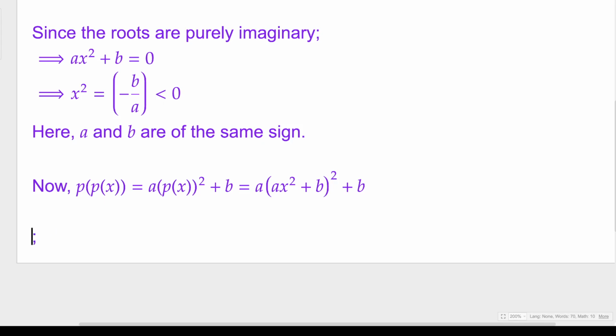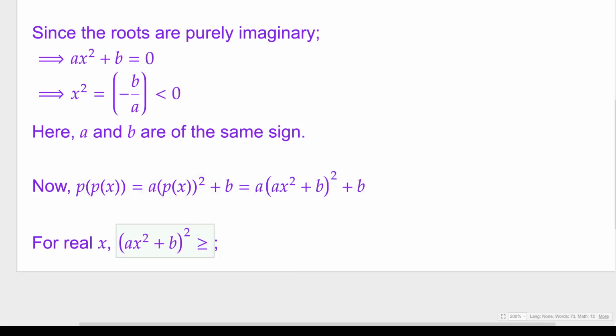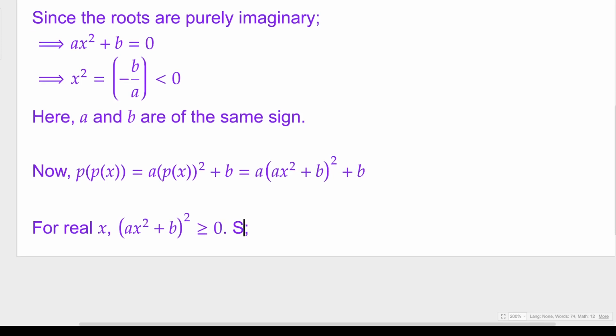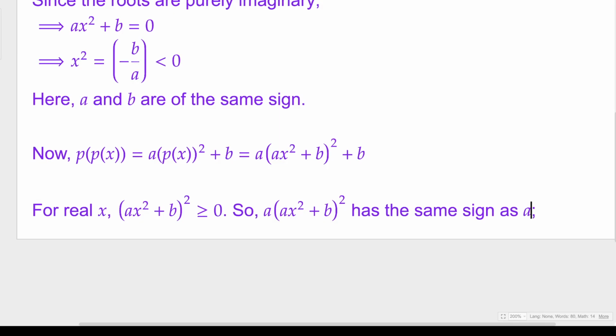Now for the real value of x, I can say that this particular quantity is definitely greater than or equal to 0, right? So from this we can say that a times this particular expression has the same sign as a. Whatever is the sign of a, that will be the overall sign of this expression.